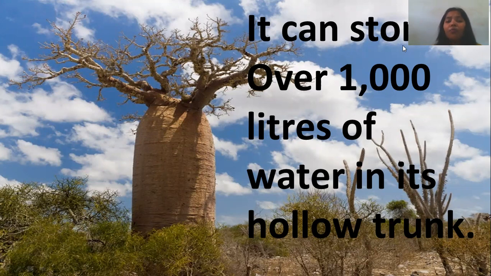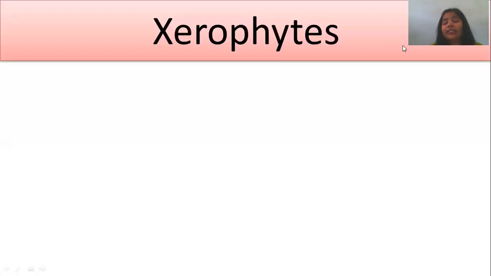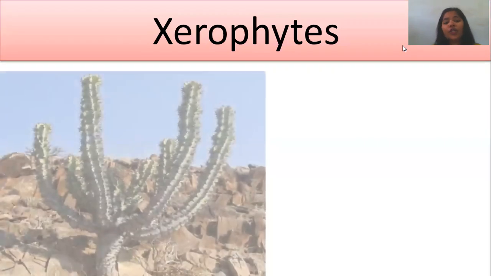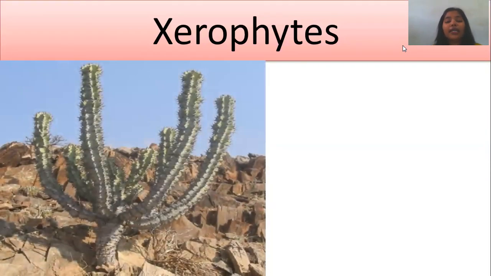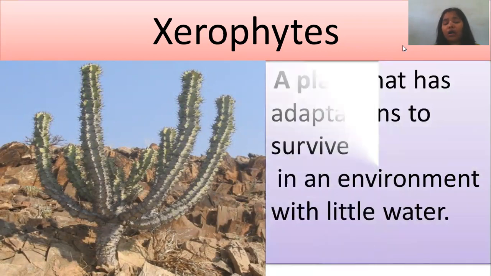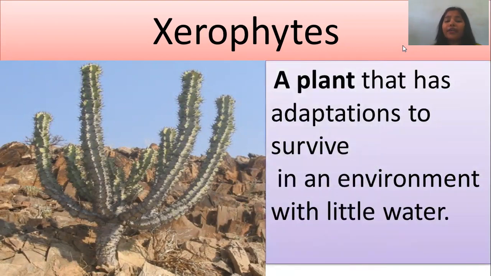Now let's move ahead. This is an important term, that is xerophytes. Now what is xerophytes? Just look at this picture. This is an example of xerophyte plant. Okay. Now, what is the definition of xerophyte?